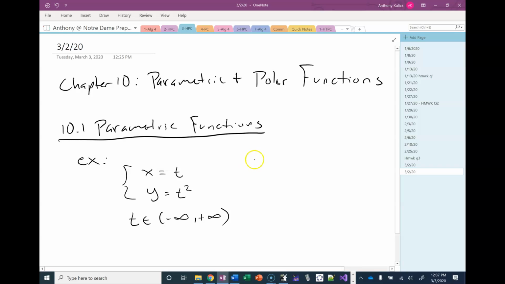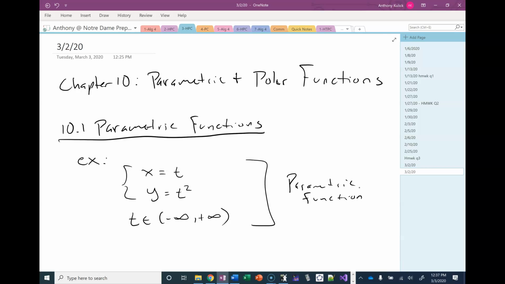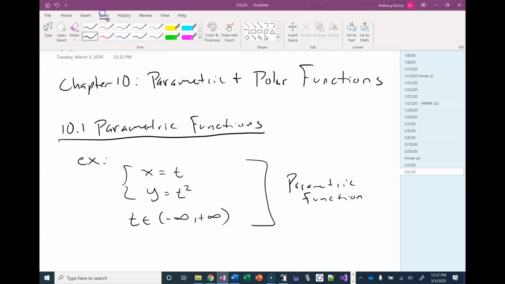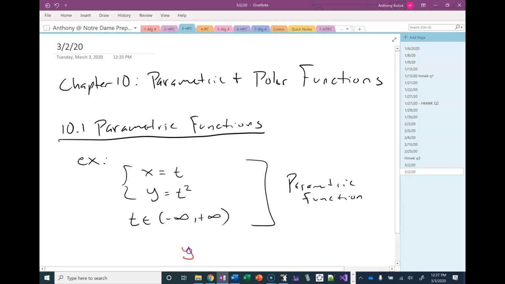So this is an example of a parametric function. And in fact, this parametric function is exactly just y equals x squared. It's the same thing.